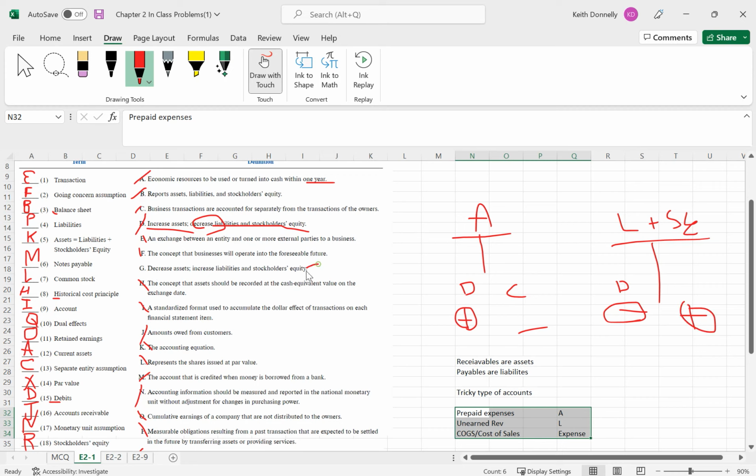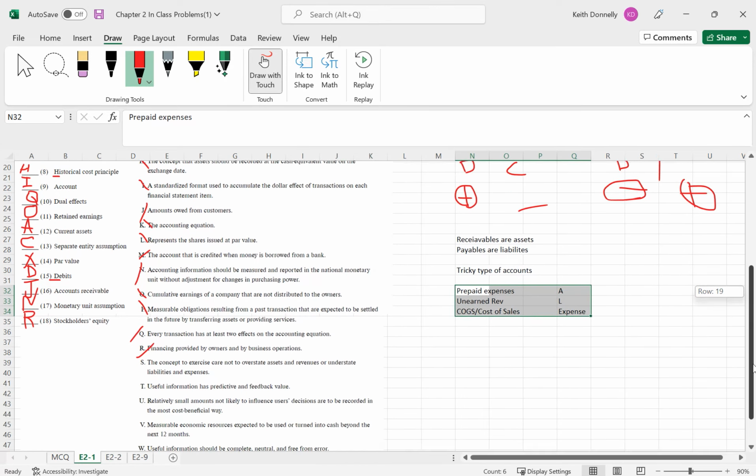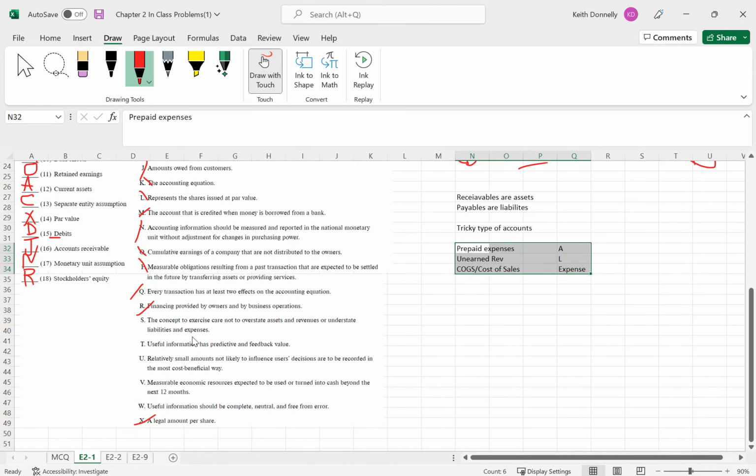So G here, this is credits. S, the concept to exercise care not to overstate assets and revenues. This is probably conservatism. The idea is when you're doing accounting, you want to be conservative, basically not take unnecessary risks.